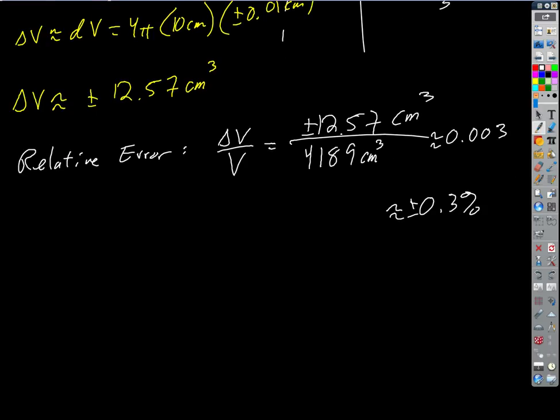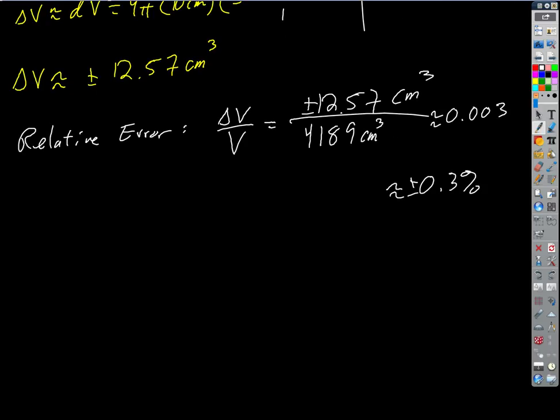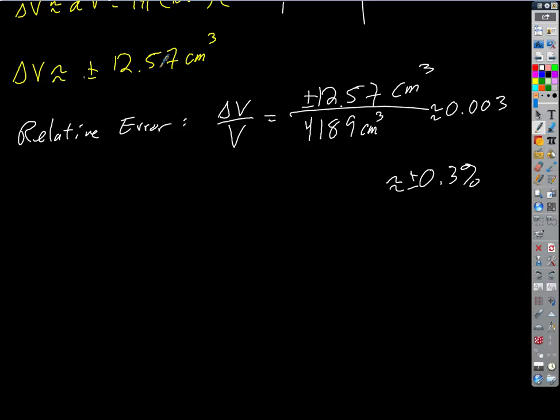But if we had thought about this from the beginning, and really what we were interested in was relative error, did we really need to even calculate what our differential was? No, we didn't, right? Delta V over V is approximately equal to dV over V, right?